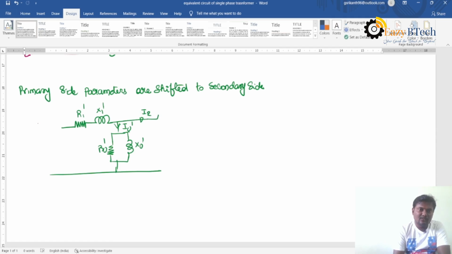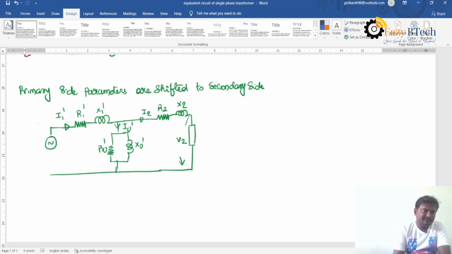The current flows through the load parameters. And this is the internal impedance of the secondary winding, R2 and X2. R2 is the secondary winding resistance, X2 is the secondary winding leakage reactance, and this one is V2. The current drawn from the supply is now I1 dash.